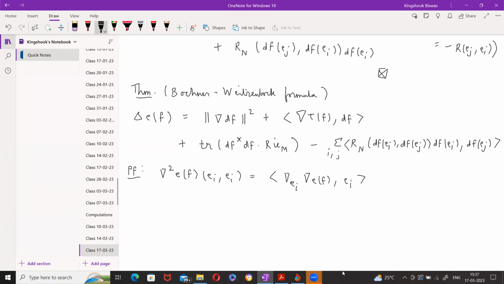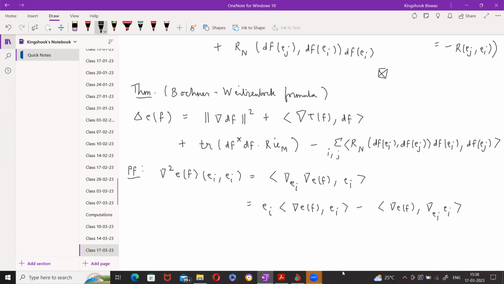Now by metric compatibility, this is e_i of the inner product between the gradient of the energy density and e_i, minus the inner product of the gradient of e(f) with nabla e_i e_i.